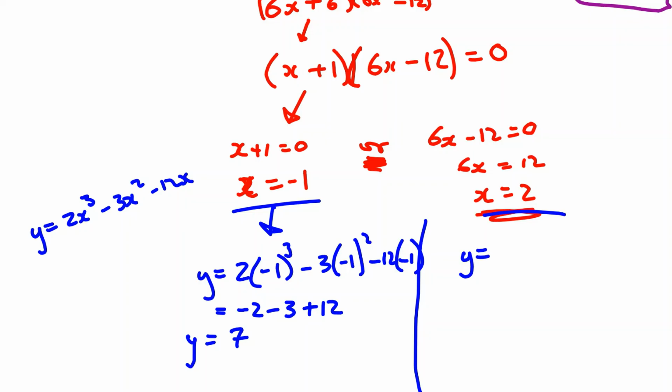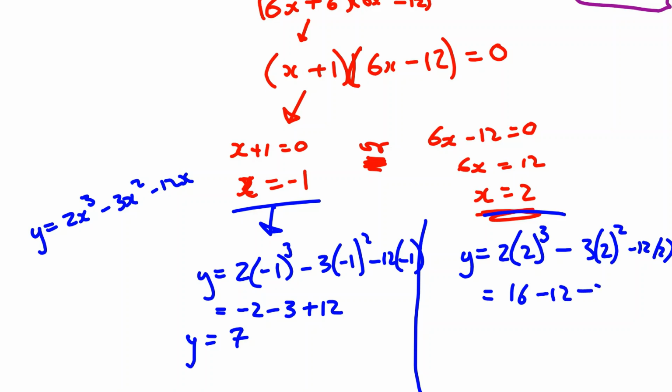And we can do the same for this other one. So we're going to substitute 2 into our equation: 2 lots of 2 cubed, take away 3 lots of 2 squared, take away 12 lots of 2. 2 cubed is 8, 2 lots of that is 16. 2 squared is 4, 3 lots of that is 12, and 12 lots of 2 is 24.